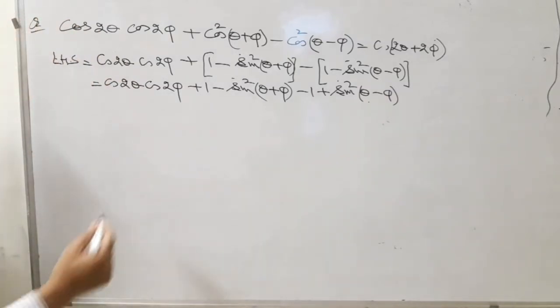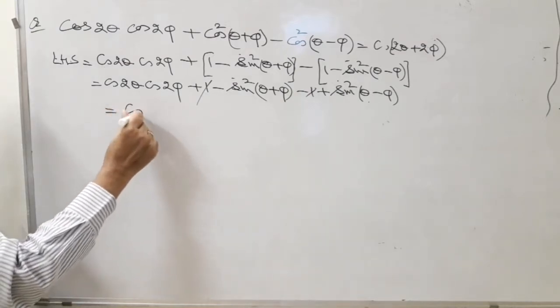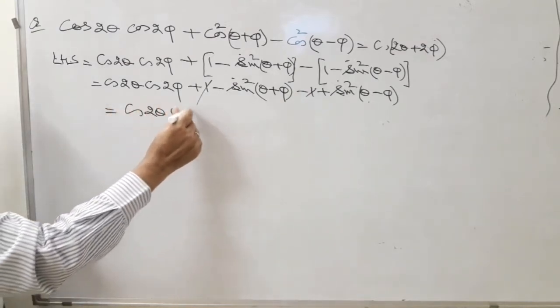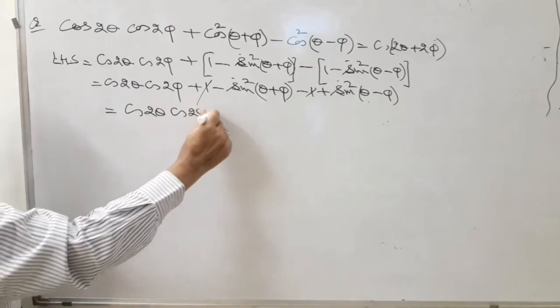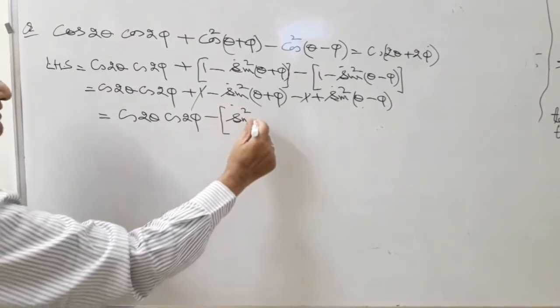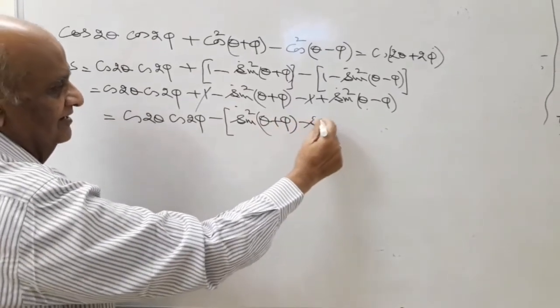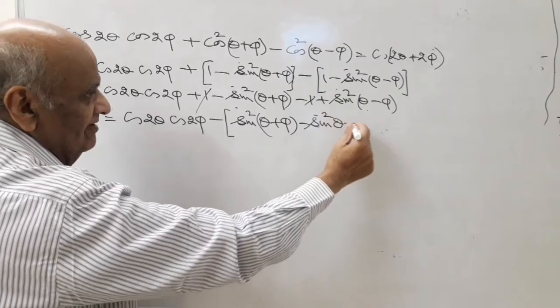Now minus 1 with plus 1 will go, it is cos 2 theta cos 2 phi, minus, you can take as common, sin square of (theta plus phi) minus sin square of (theta minus phi).